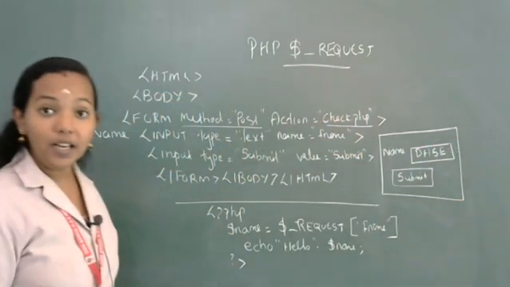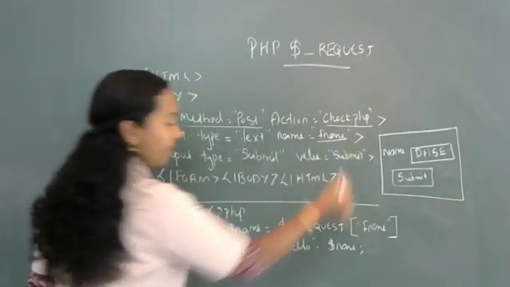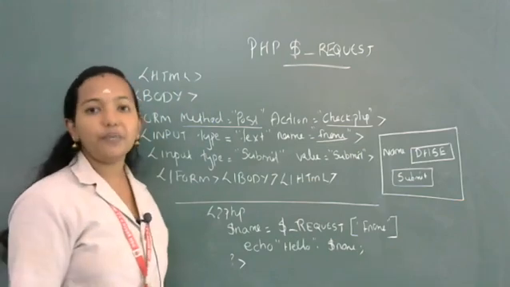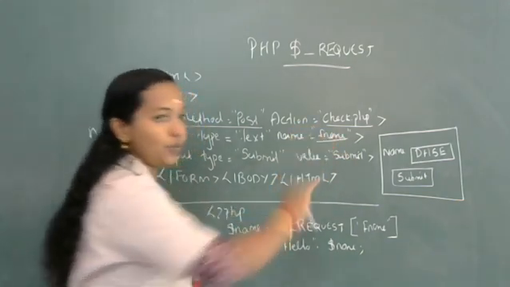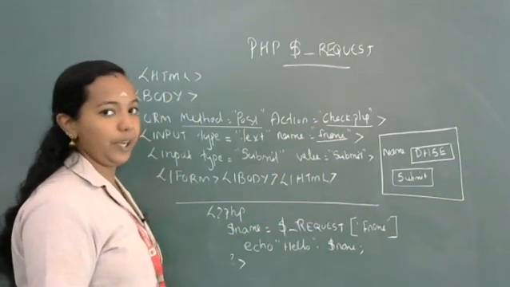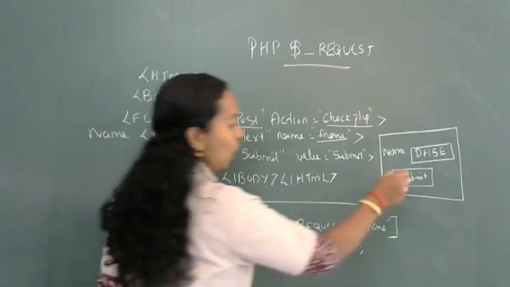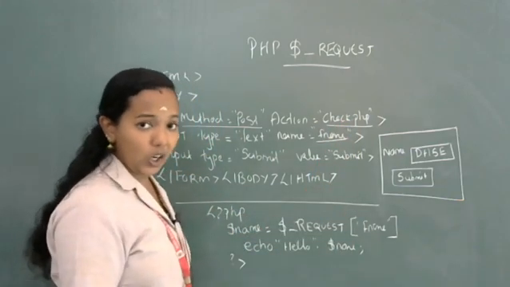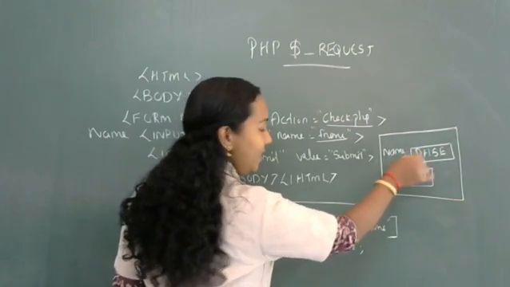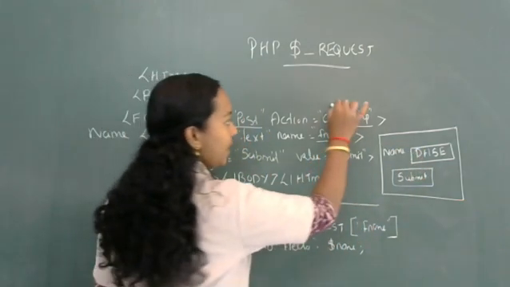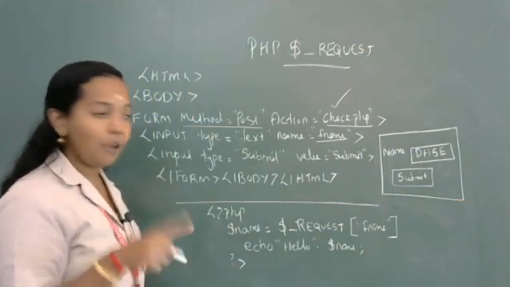Suppose I type DHSE in this text box. What is the text box name here? FNAME. So whatever information we type in that text box, we can access using the text box name FNAME. So I type DHSE on that form and click on the submit button. When I click on the submit button, the data entered into that text box is transferred to our check.php program.